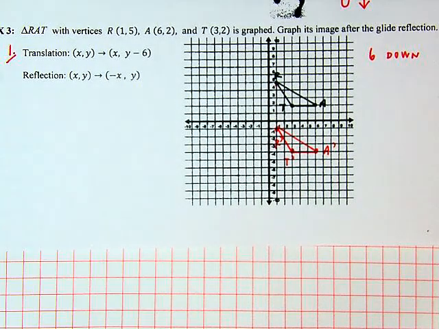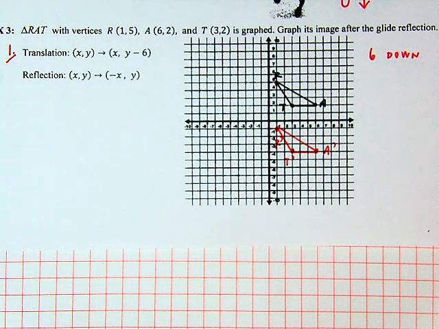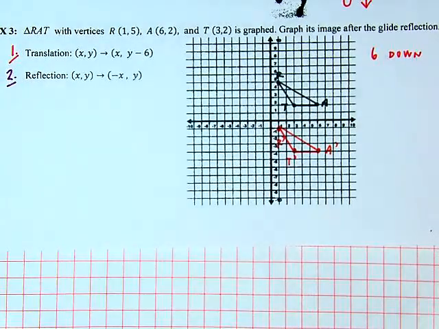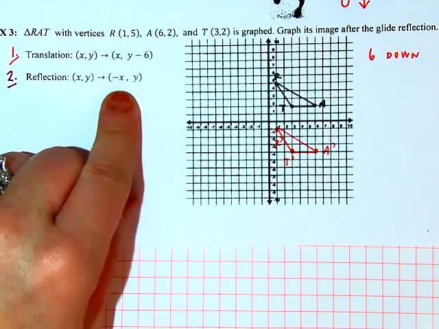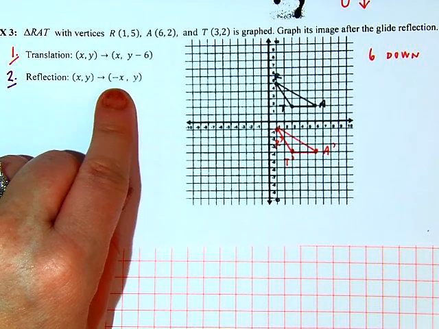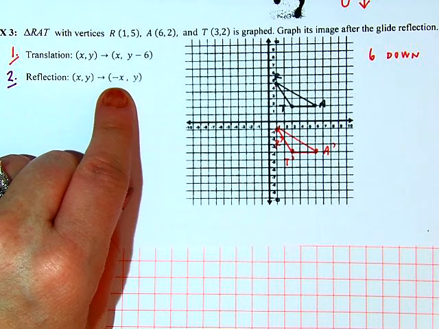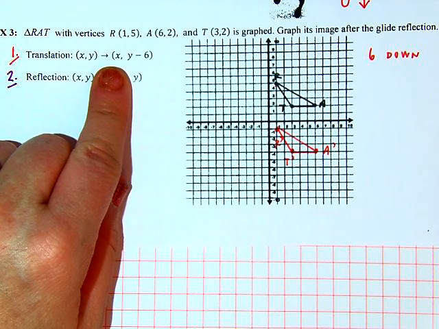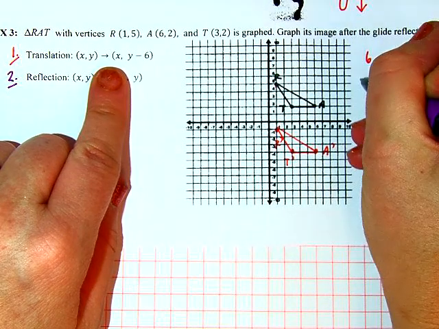So now we have to build off of that and do the reflection next. When I look at the rule, I see (-x, y). Since the x is changing to the opposite sign and the y stays behind, that tells me that it's a reflection over the y-axis.